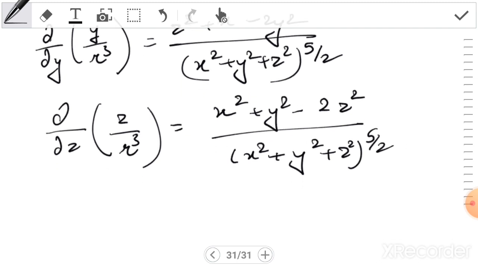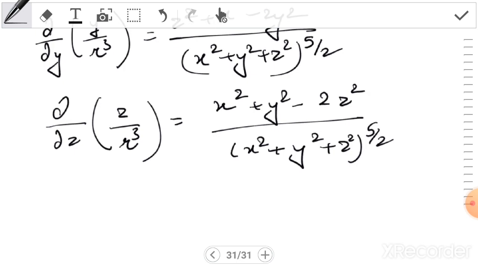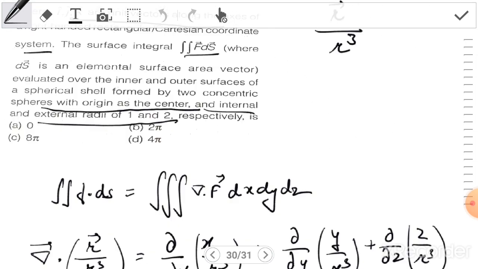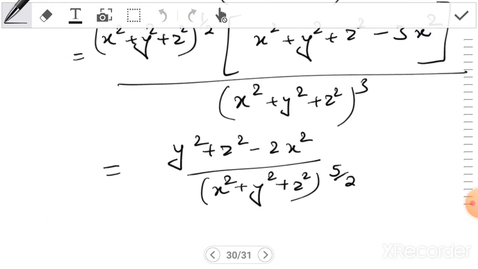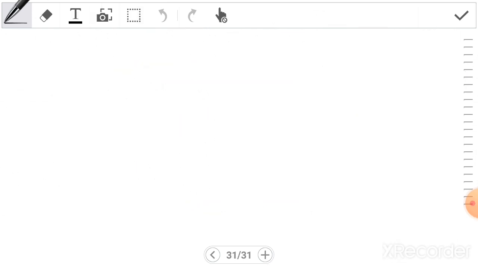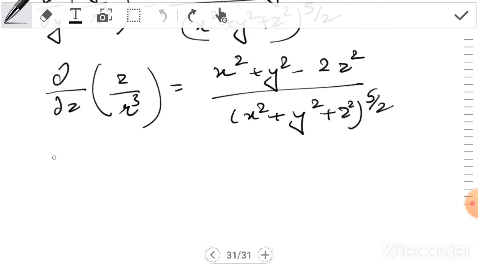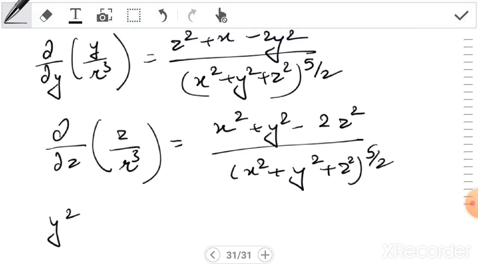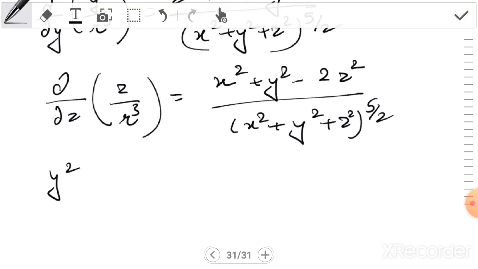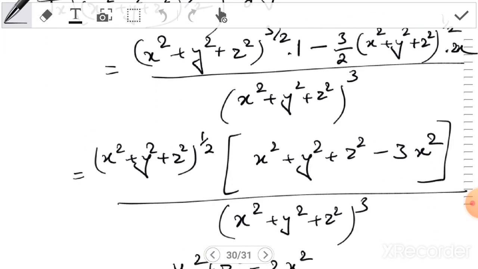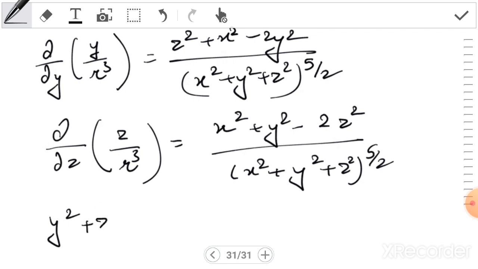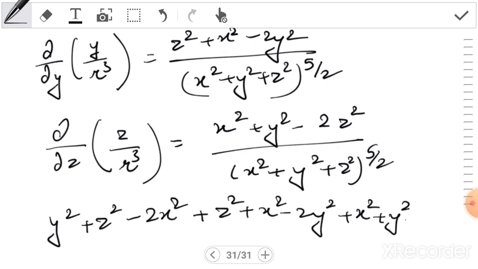Now putting the values of the partial derivatives in the equation, we get y square plus z square minus 2x square plus z square plus x square minus 2y square plus x square plus y square minus 2z square.